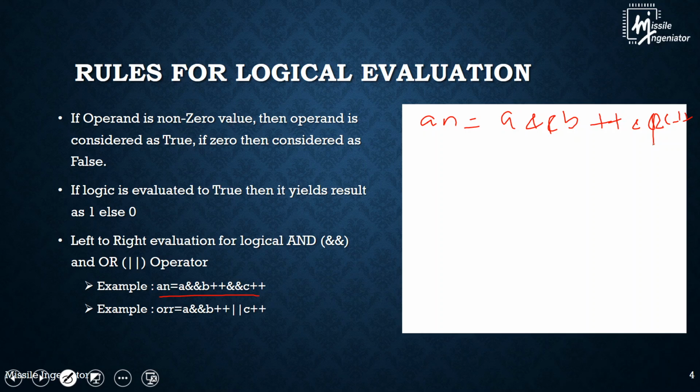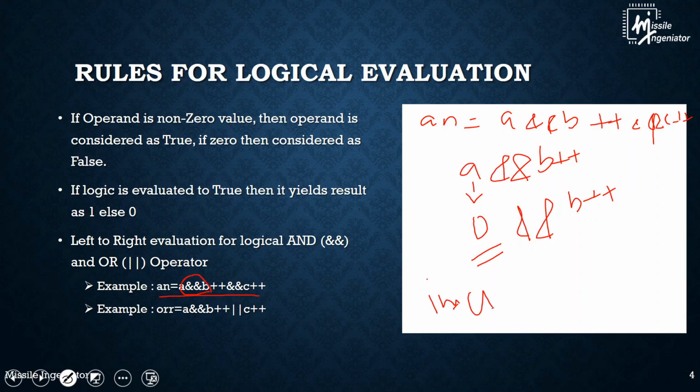In this case, we have to first evaluate from the left side, so we evaluate a ampersand b plus. Say the value of a is 0, initialized to 0 in the beginning.